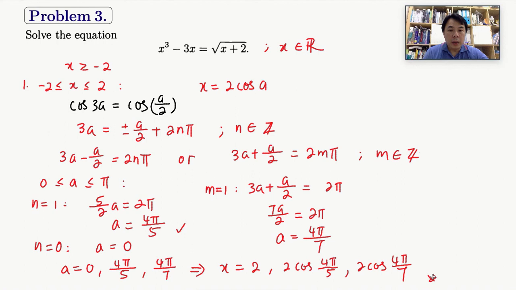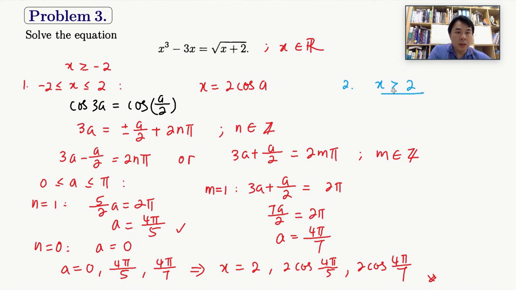Right, now I will just stop my analysis up to this point. Of course, for those of you who like to explore further for some other cases, there's another case that I did not show here. The second case that you might be interested to explore is for x greater than 2.